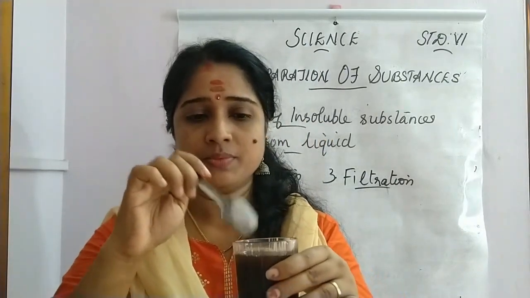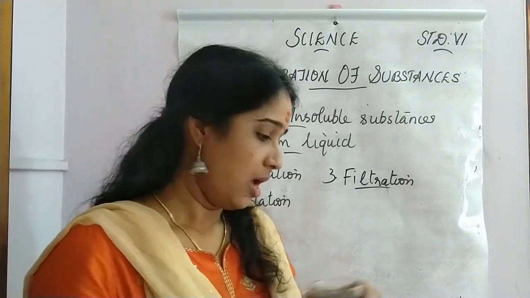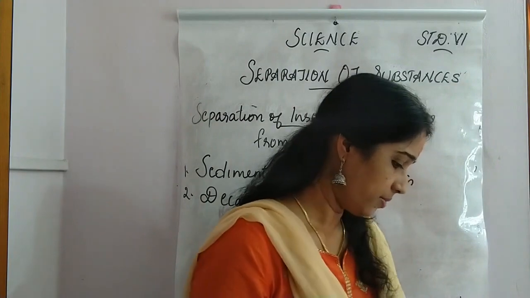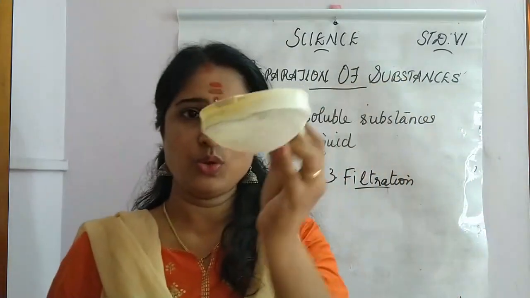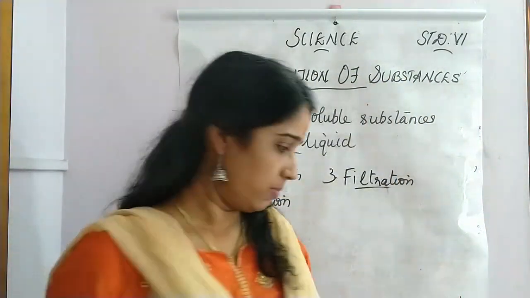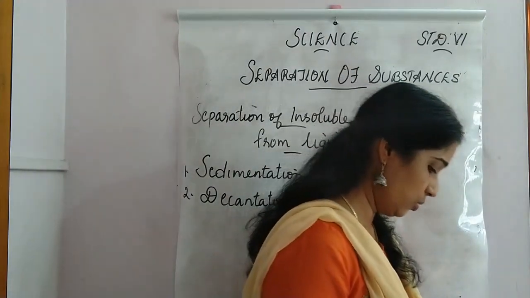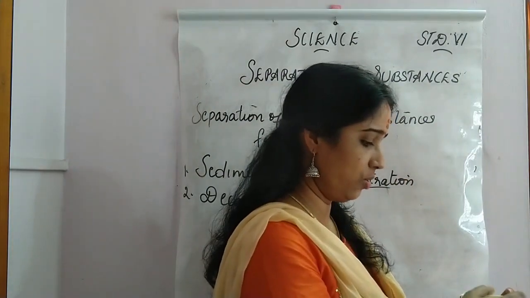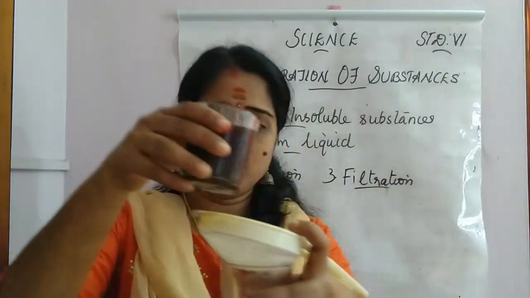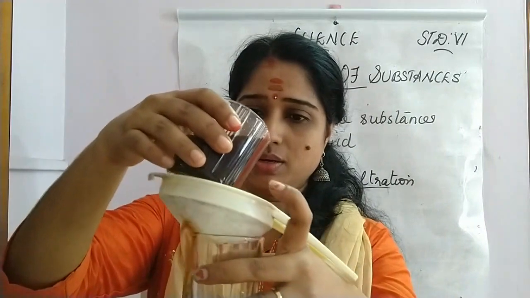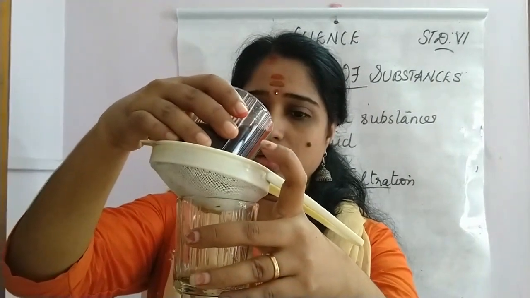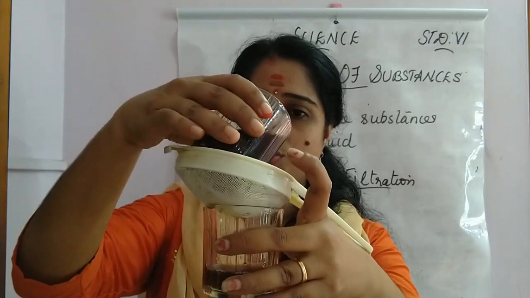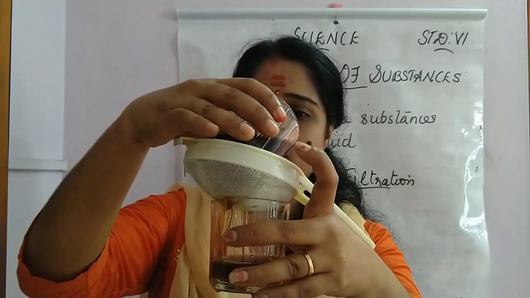Chai powder, tea dust, and I want clean water. So I use this sieve. This is the sieve. In the kitchen, your mother often uses it. I can pour this slowly into another glass, and I will show you the tea dust.